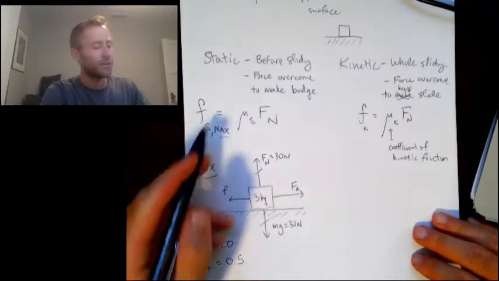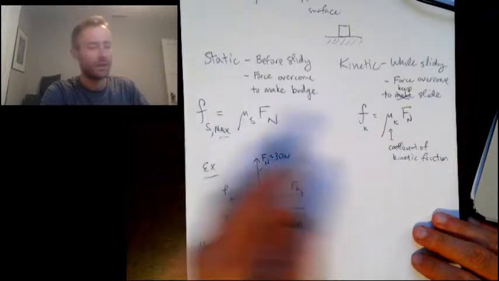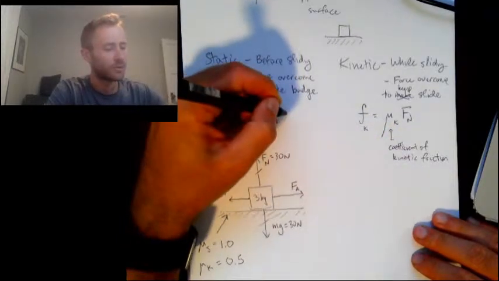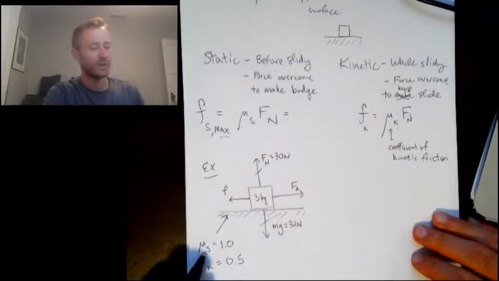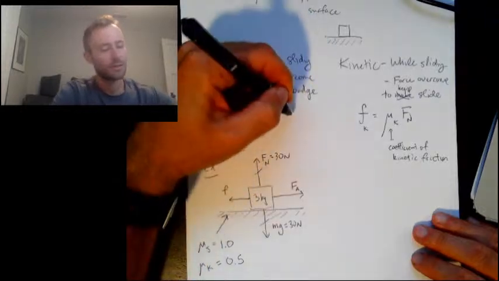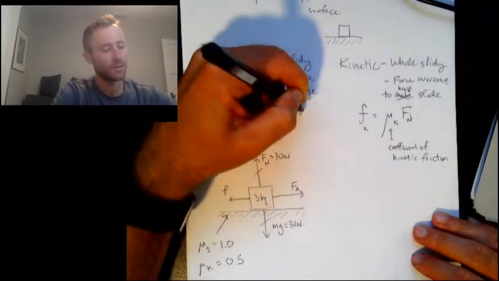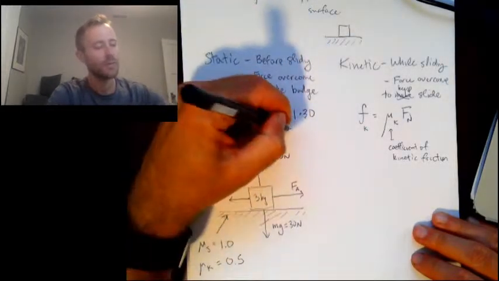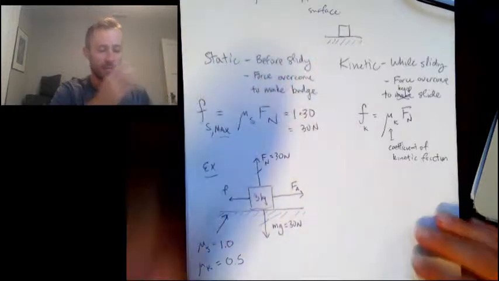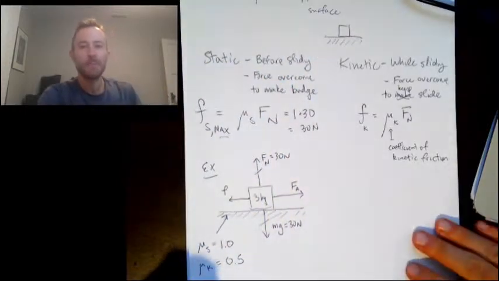Now that's going to allow us to calculate static friction and kinetic friction. So for static friction, the coefficient of static friction is 1.0. So I have 1 times 30 equals 30 newtons. Okay.